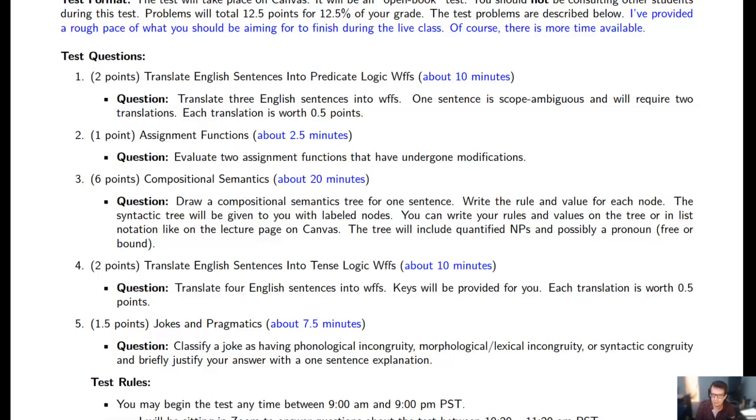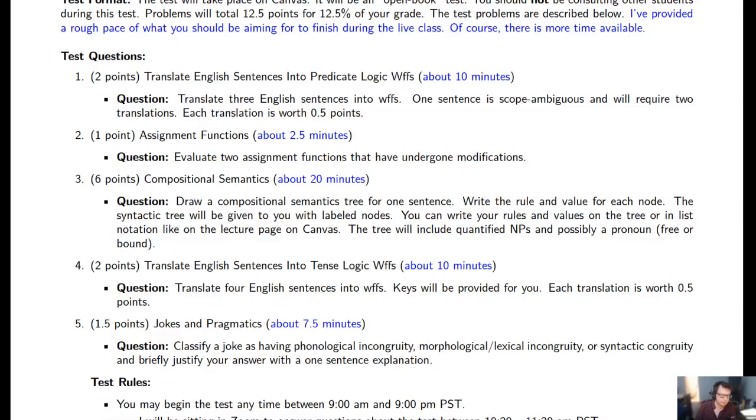The big question will be a compositional semantics tree. So this will not be a scope ambiguous tree. What will happen is there will be 1 quantifier on there and there will be 1 pronoun on there. So the idea is that the tree basically covers everything in that lecture. So it'll take about 20 minutes-ish, maybe more.